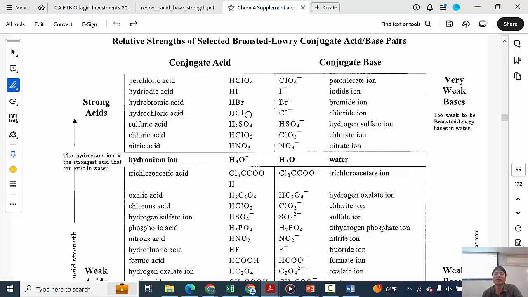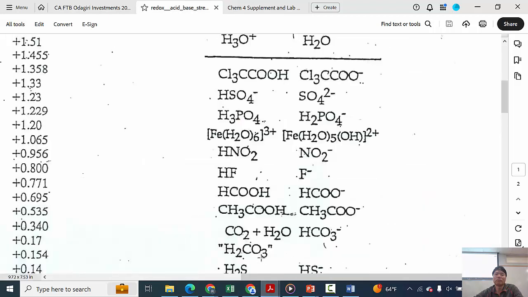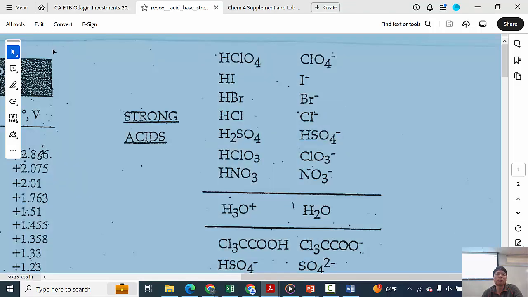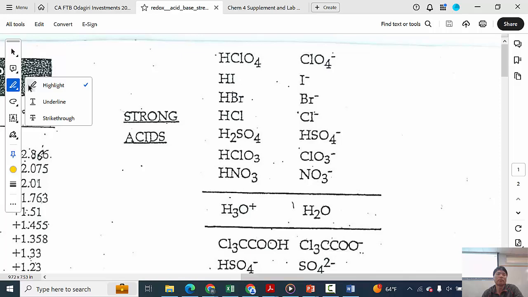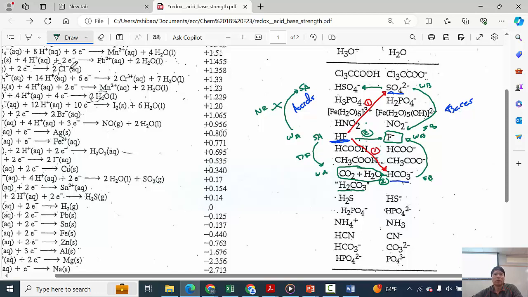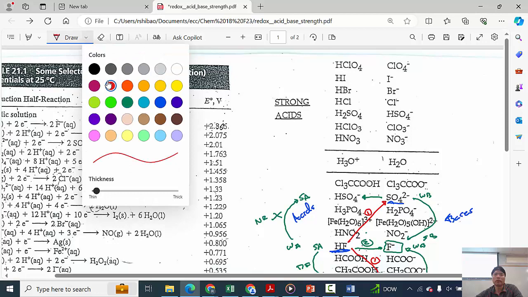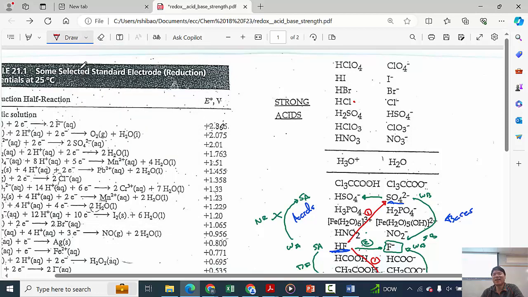That's downhill, isn't it? Will HCl react with bisulfate?